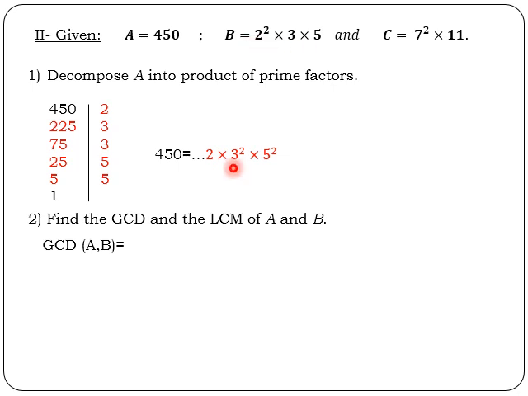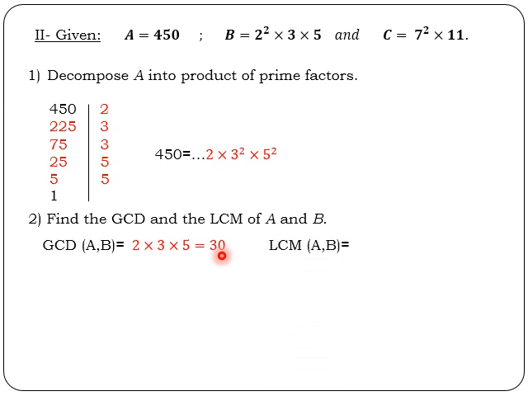We have 2 squared and 2, so we choose 2. 3 and 3 squared, 3 is a common factor, and the least power here is 1. And we have 5 in B and 5 squared in A, so I write the one with the least power, which is 5. Now 2 times 3 times 5 is 30, so this is the GCD of A and B.